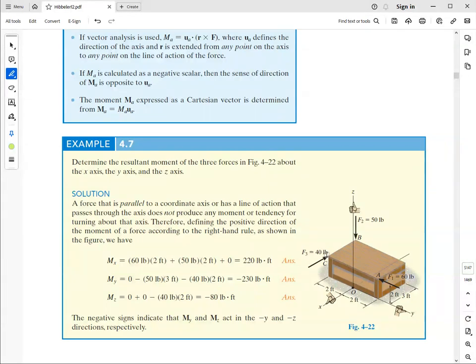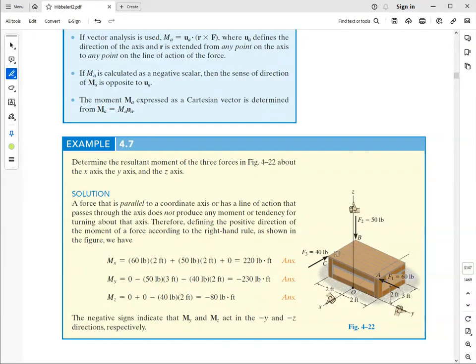This other force is parallel to the x-axis, so no moment about x, but it's producing a moment about the y-axis, and that's going to be a negative 40 times 2 feet. And then it produces a moment about the z-axis, which is negative, applying the right-hand rule.